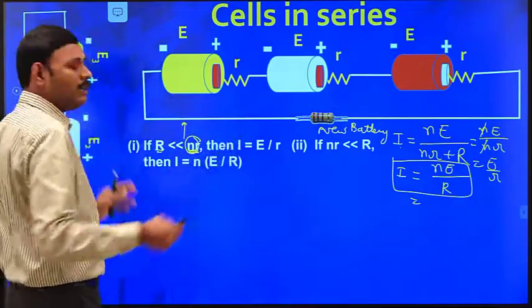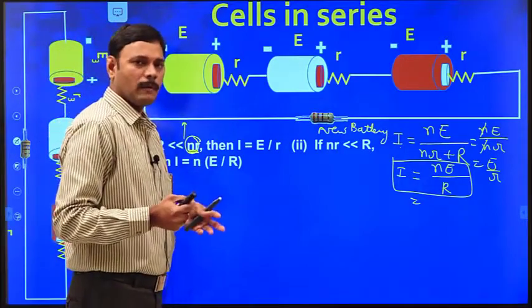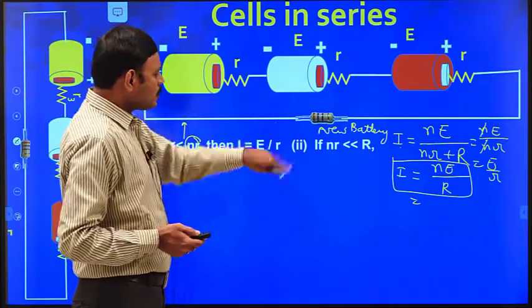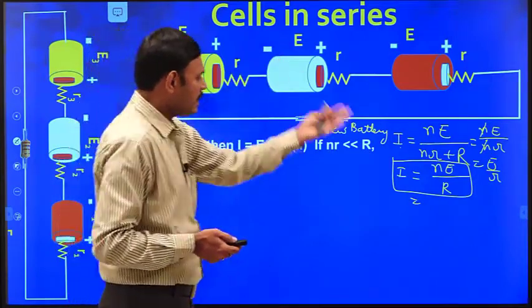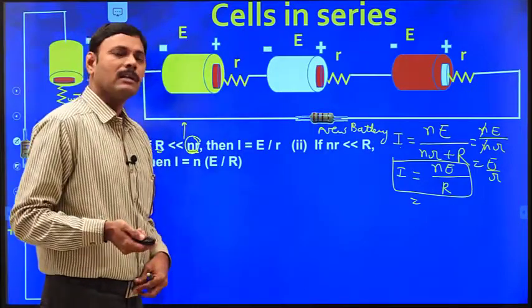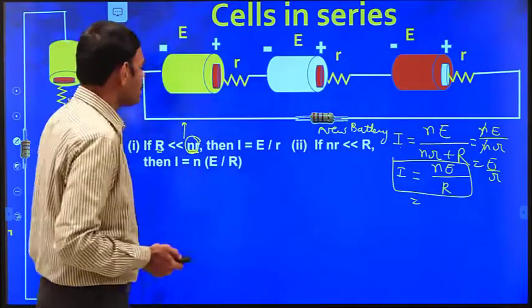I am concluding: when internal resistance is negligible for a battery, that is a newly prepared battery, then use them in series combination. We get an advantage by connecting them in series. Series combination is advantageous when internal resistance is negligible compared to external resistance.